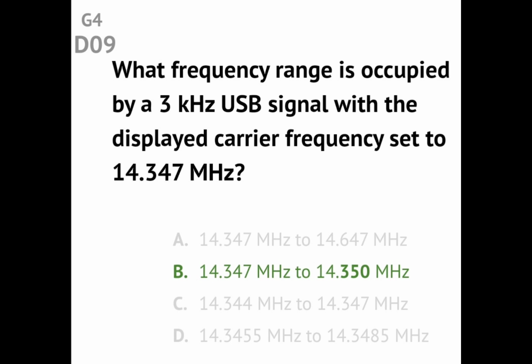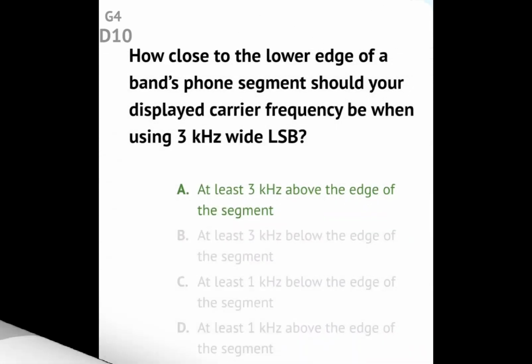What frequency range is occupied by a 3 kHz USB signal with the displayed carrier frequency set to 14.347 MHz? Answer: 14.347 MHz to 14.350 MHz.